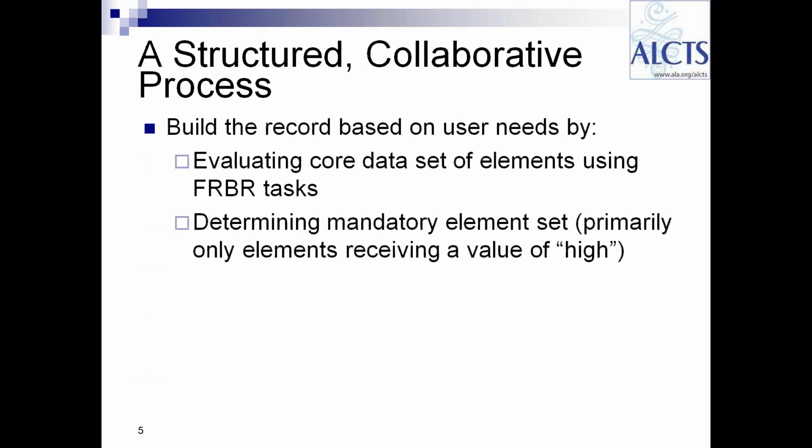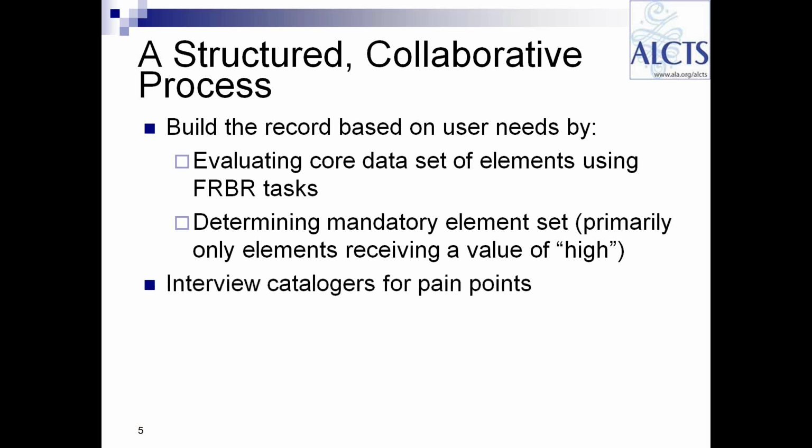We built the record structure by evaluating the core set of serial record elements and identified user tasks associated with those elements, and then determined whether each element was a high value or a low value for that Ferber task, and basically pulled out the high values and determined that that was the mandatory element set.